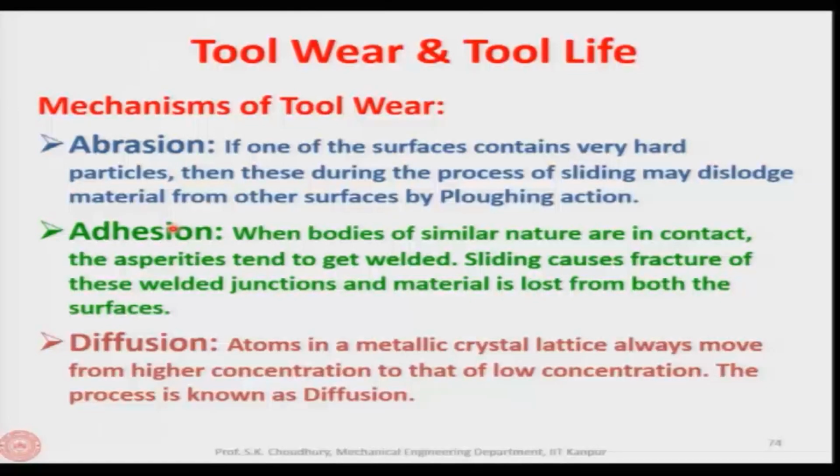Second mechanism could be adhesion. This is when the bodies of similar nature are in contact, the asperities tend to get welded. Sliding causes fracture of these welded junctions and material is lost from both the surfaces. We have discussed this while discussing sliding friction: the two surfaces meet on the asperities, and when the normal force becomes higher, those asperities will be welded, and during the sliding these welded asperities will be sheared off.